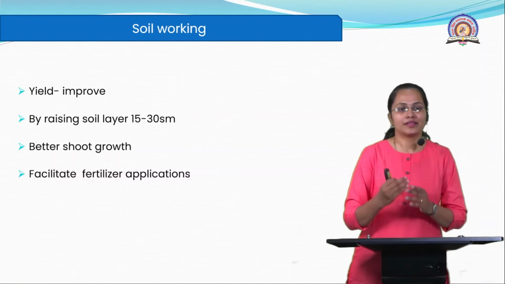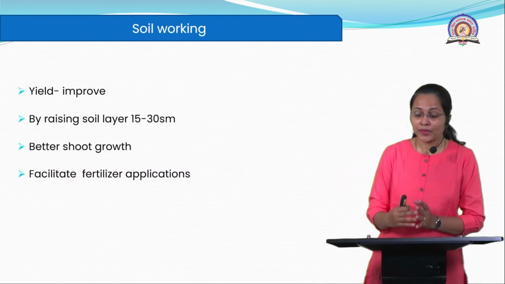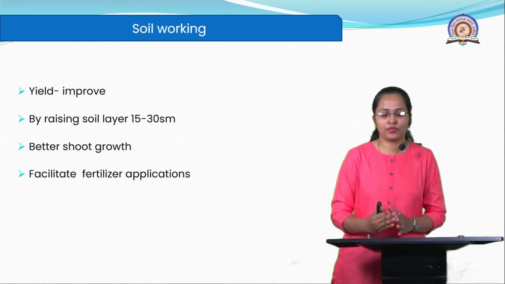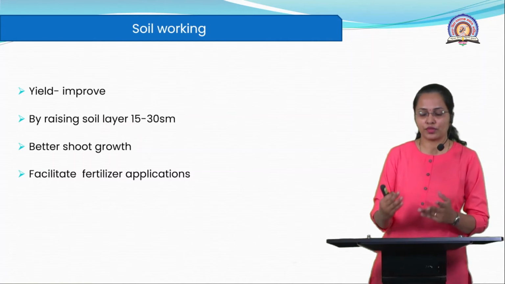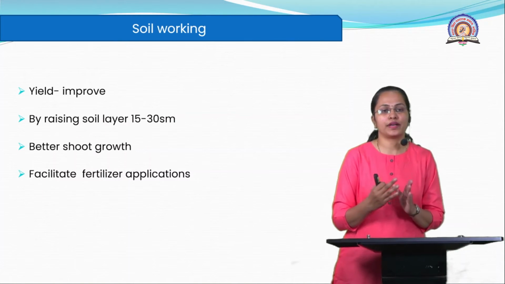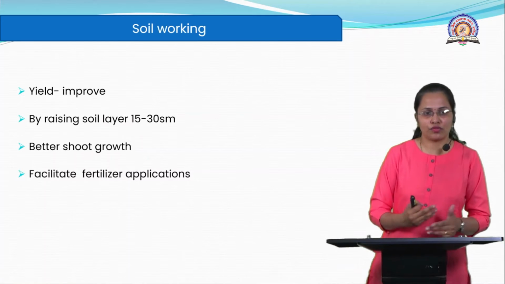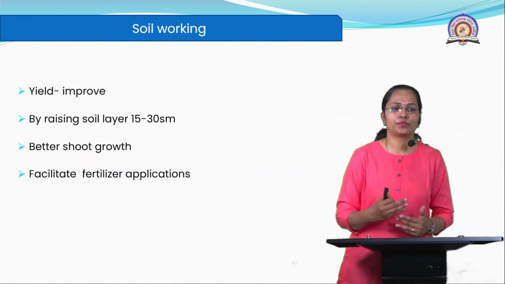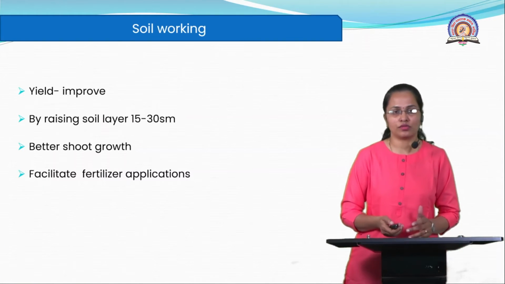Therefore, the four important things in soil management are: we have to increase the soil level before every clump emergence, we have to provide nourishment from the soil, which is important for spreading of the rhizome, which is important to facilitate the application of fertilizers, and better shoot production can be achieved by raising the soil layer by 15 to 30 centimeters around the clump.